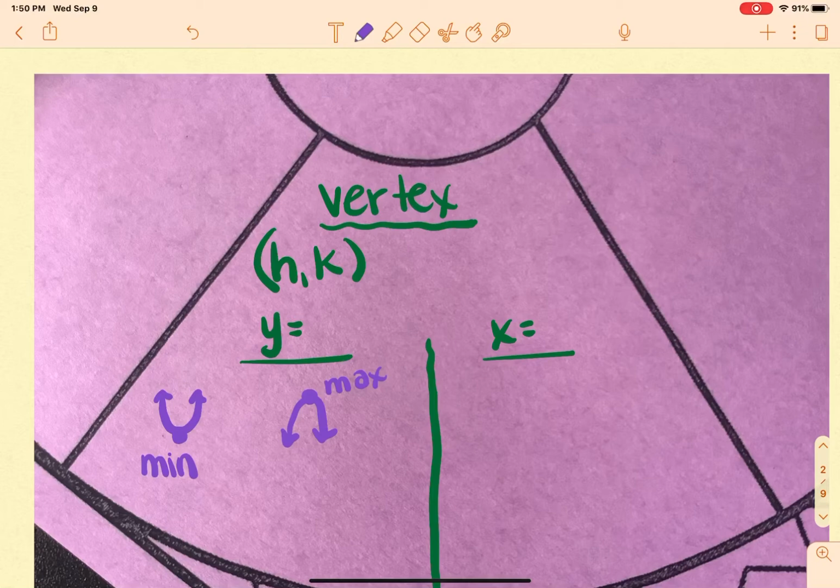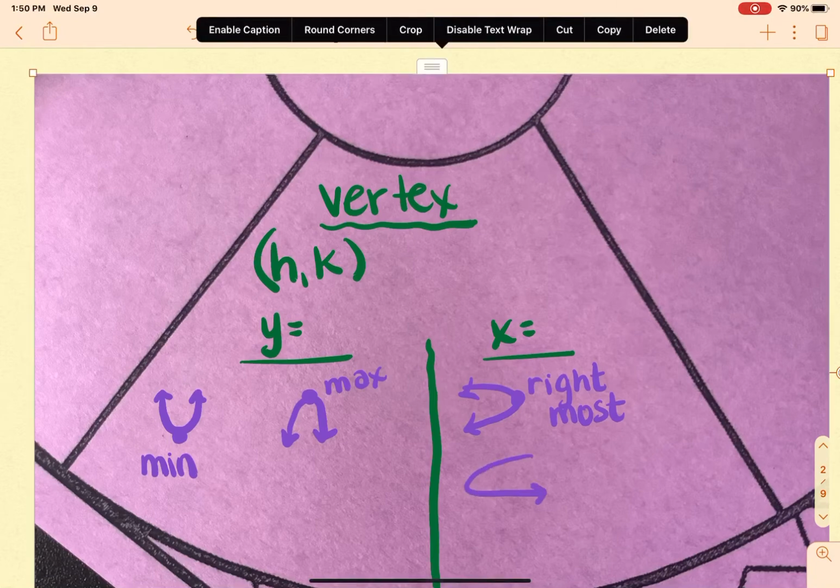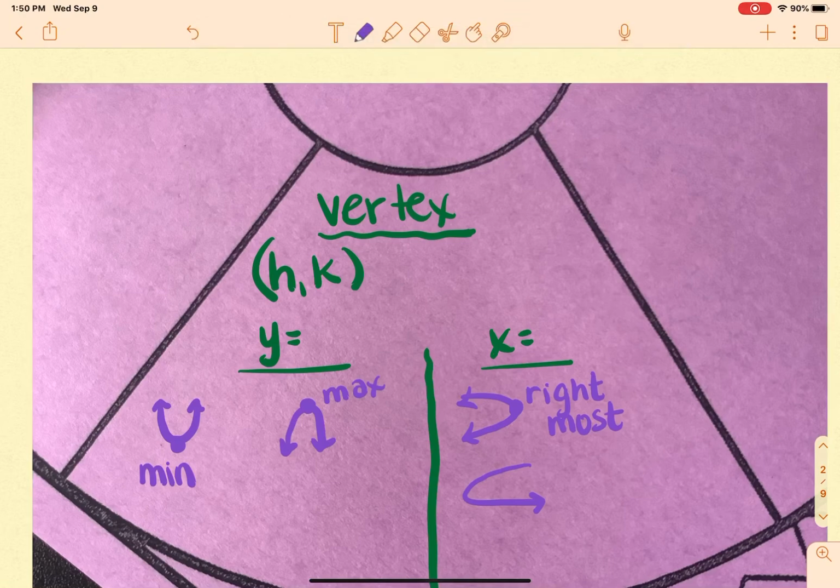Now, when it's x equals, it's a little crazier. If it's x equals, you might have a point right there. That would be the vertex, and it would be considered the rightmost point. Or it might go this way, and that point would be considered the leftmost. Any of those would be considered the vertex point.